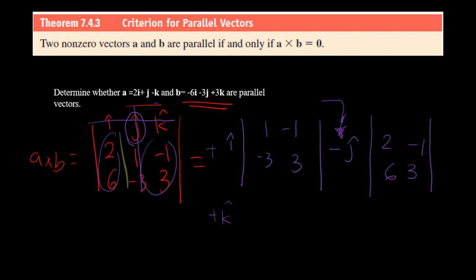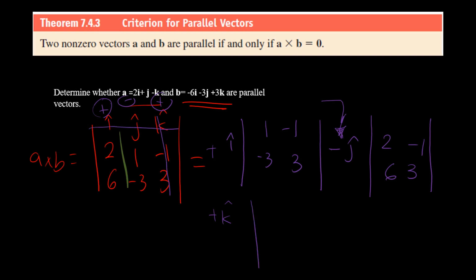Okay, now let's move on to k hat, the third column. For the third column, we eliminate the third row and first column. So after elimination, we are left with 2, 1, 6, -3.